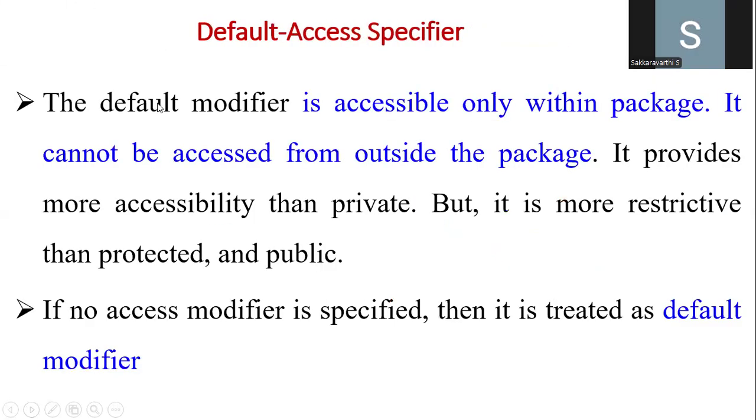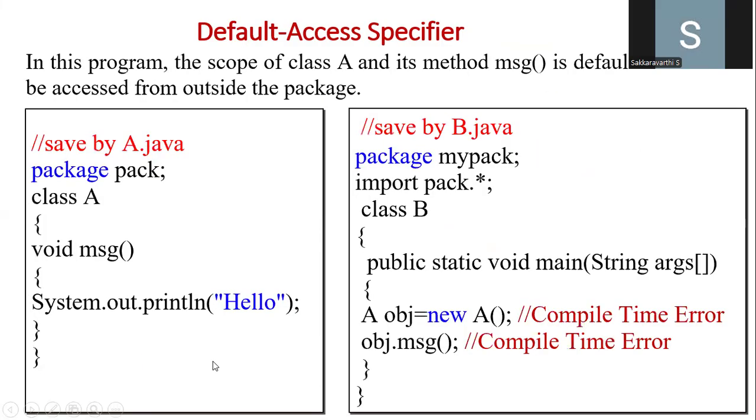And the default access specifier is accessible only within the package. It cannot be accessed from outside the package. It provides more accessibility than private, but it is more restrictive than protected and public. If no access modifier is specified, then it is treated as the default modifier. So let's see the example program. Here I am declaring the package: package pack, class A. Within the class A, I am defining the method message.